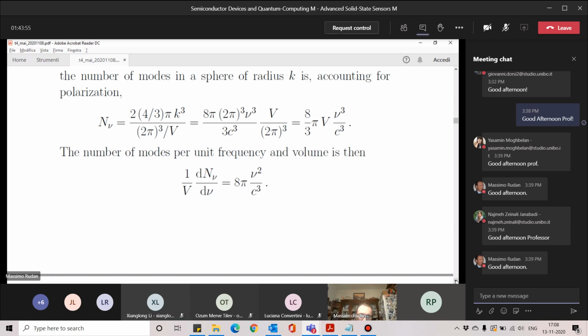So in order to complete the calculation, the only ingredient that they could avail themselves of was the Boltzmann distribution. So let's do it.